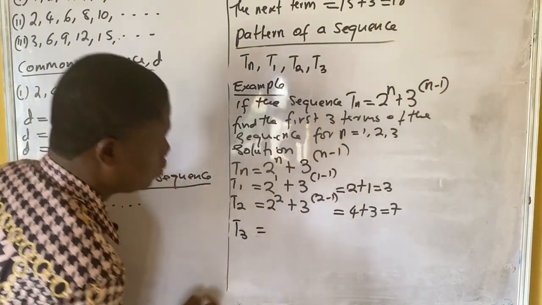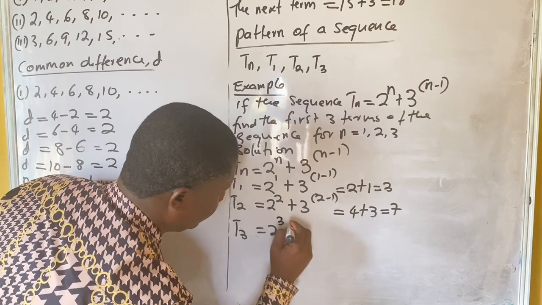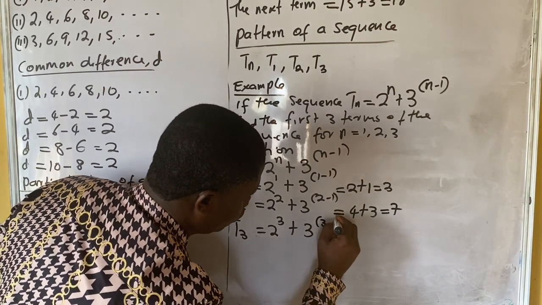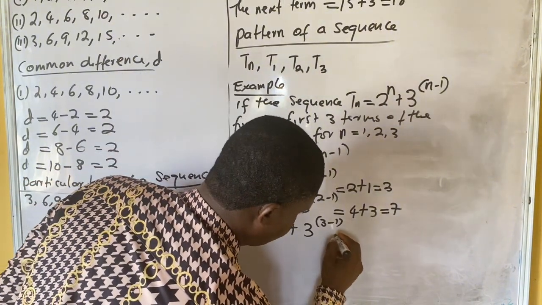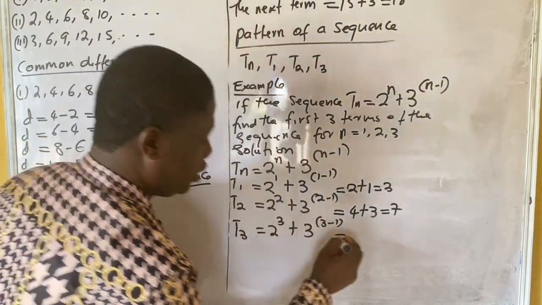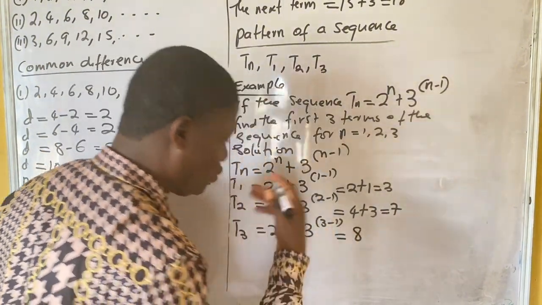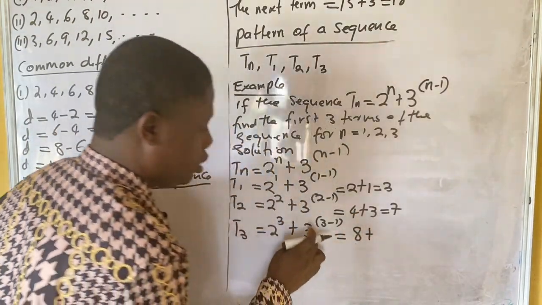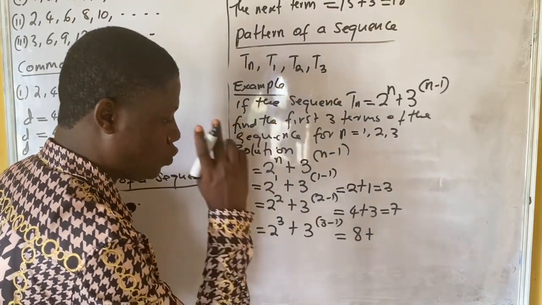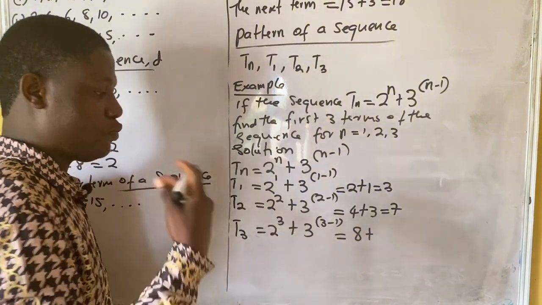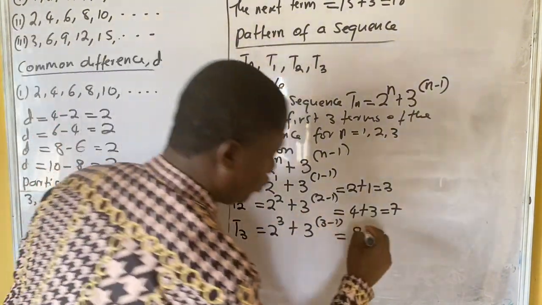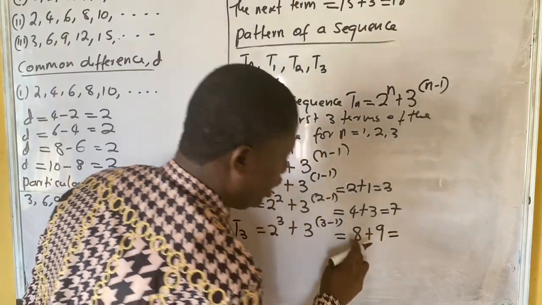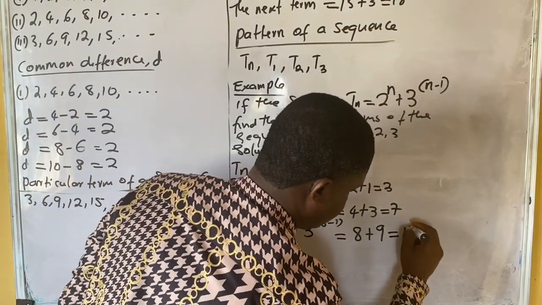Our third term, T3, is equal to 2 raised to the power of 3 plus 3 raised to the power of 3 minus 1. So 2 raised to the power of 3 is 8, that is 2 times 2 times 2. Plus, 3 minus 1 is 2, so 3 raised to the power of 2 is 3 times 3, that will give us 9. So 8 plus 9 will give us 17.